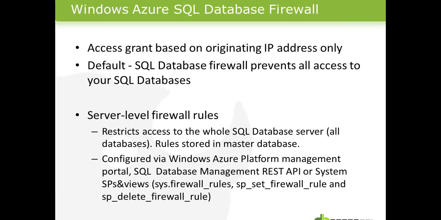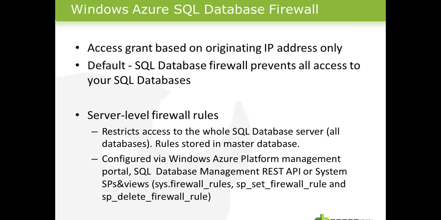After you've created the database, you start adding a list of IP addresses or ranges of IP addresses that the client applications originate from, and then the SQL Database Firewall will allow these clients to connect to the SQL Database Server or databases, depending on the level of firewall rules that you define.